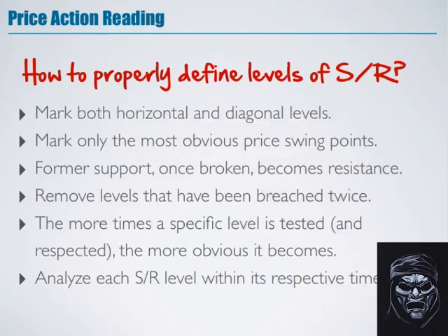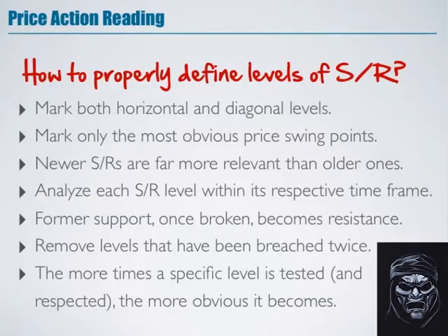You usually don't want to mark more than 2 or 3 levels of support and resistance in your chart. Regardless of whether it's a horizontal or a diagonal level, it's very important that you keep your charts clean, and therefore that you only mark the most obvious price swing points and the most obvious levels of support and resistance in your chart.